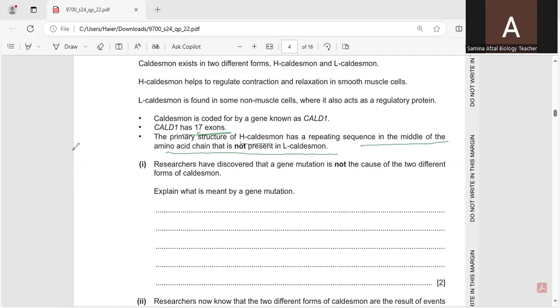So, explain what is meant by gene mutation. Gene mutation is actually a sudden change in the sequence of base pairs in the DNA molecule.